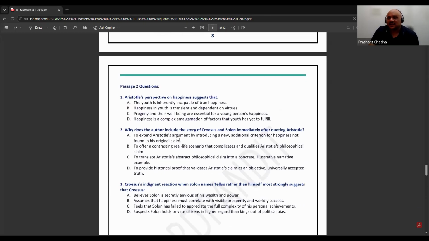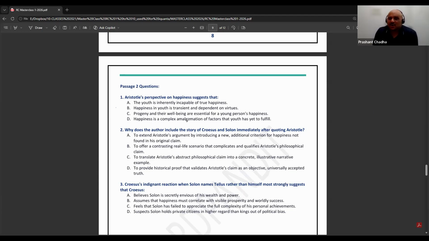So the point is, at the end of the day, how would it be Aristotle's perspective on happiness? The question is very simply, in this particular case, we need to answer what is Aristotle's perspective.